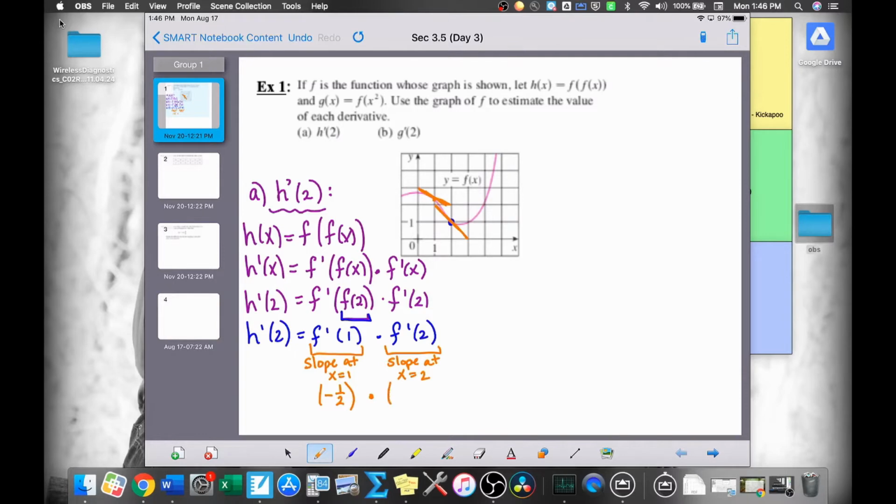So that would be a slope of -1. So h prime of 2 is going to be equal to the value that I get when I multiply -1/2 times -1. So h prime of 2 is equal to 1/2.